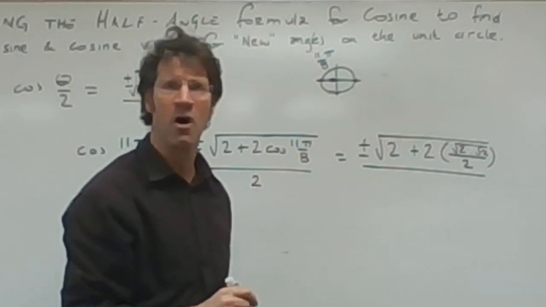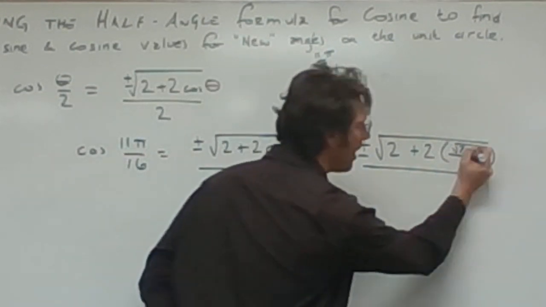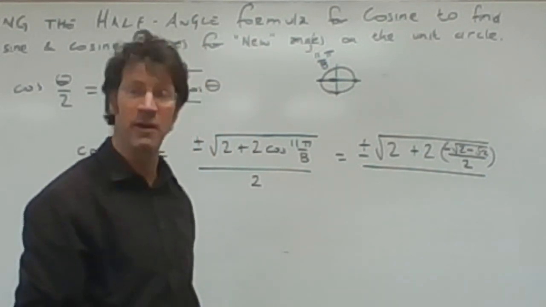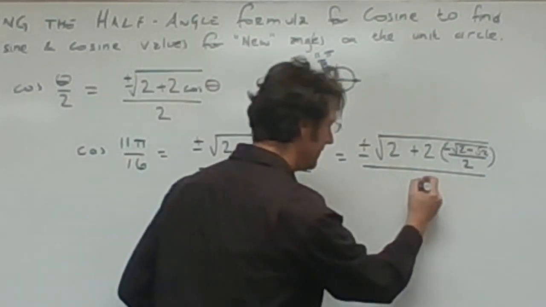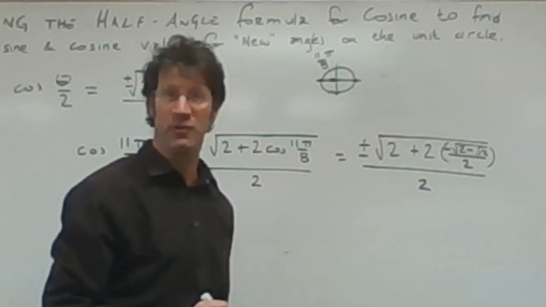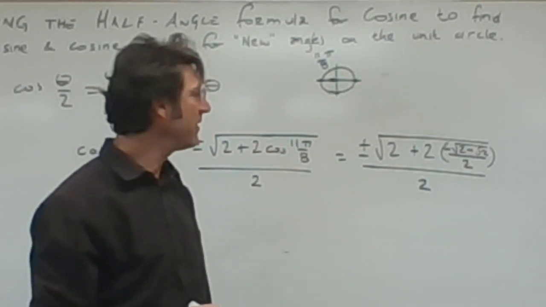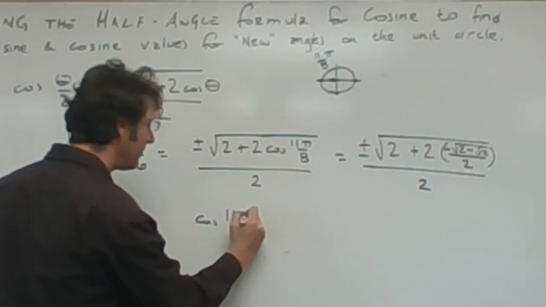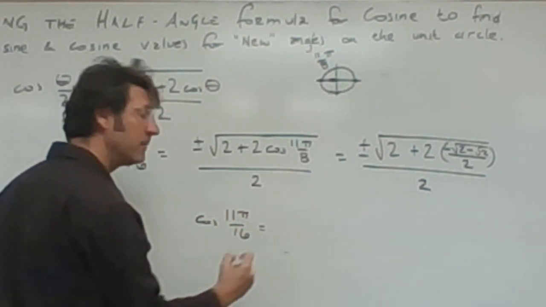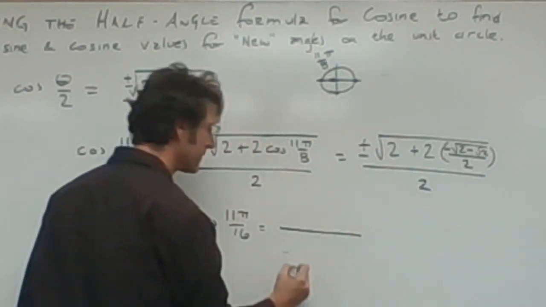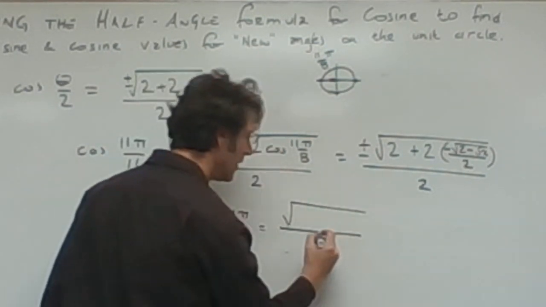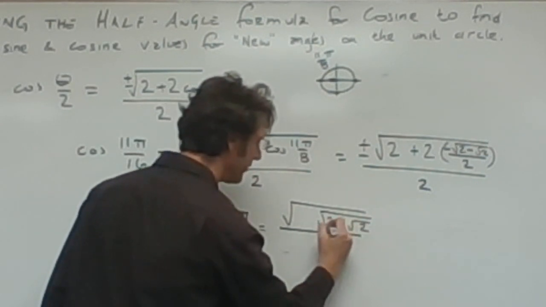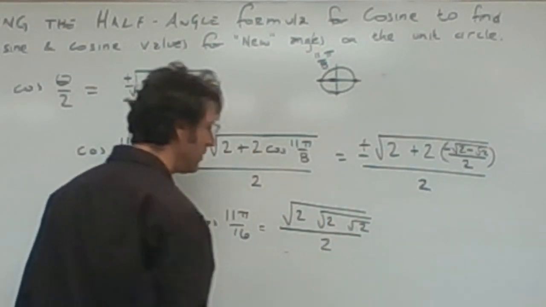It is a small negative number, so we're taking away negative, so that's happening right there. Now, if you take a look at this, the 2 is canceling with that 2 and leaving us this structure. We have that the cosine of 11 pi over 16 happens to be equal to, there's a 2, there's a 2, there's a 2, and there's a 2.